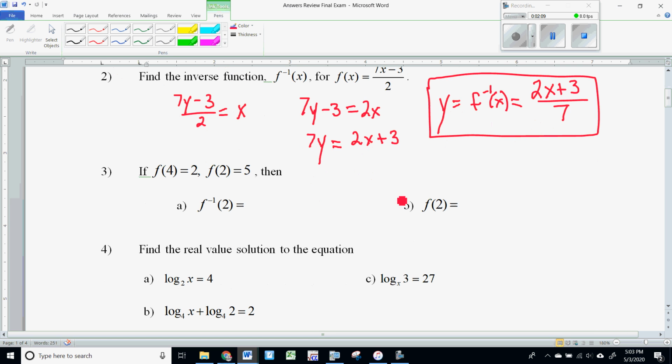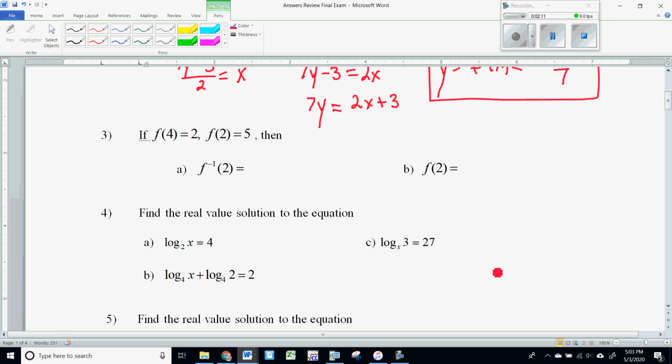Some more problems here using inverses. Remember, as we just said, inverses switch our x's and our y's. So if my original function, when you plug in 4, your y is 2. If you plug in 2, your y is 5. Now, when we do inverses, the x's and y's switch.